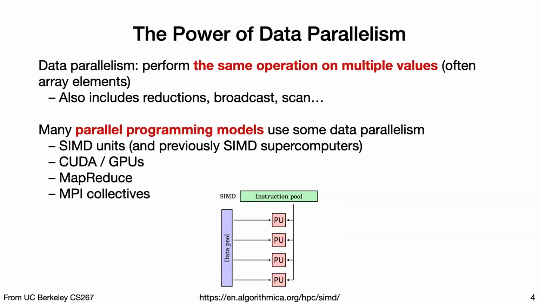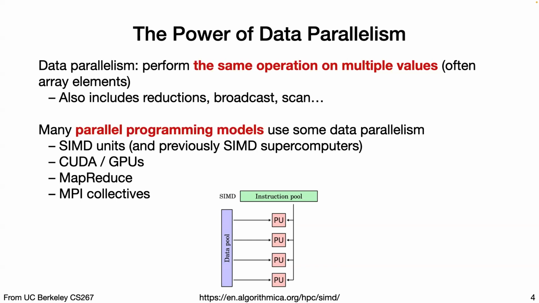Data parallelism is the programming paradigm where everybody is doing the same operation on multiple values, often array elements, and you can also do collective operations like reduce, broadcast, and scan. A lot of parallel programming models use some kind of data parallelism. For example, in pretty much all modern machines or multi-cores, there are SIMD units. These are in the form of vector registers.